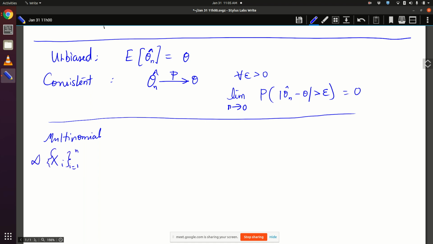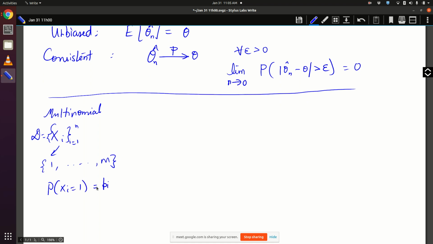This is your data set, and each xi can come from one of m classes, and you would like to come up with the probability which governs it. The probability that xi is equal to j is pj, and I want an estimator for the pj's.